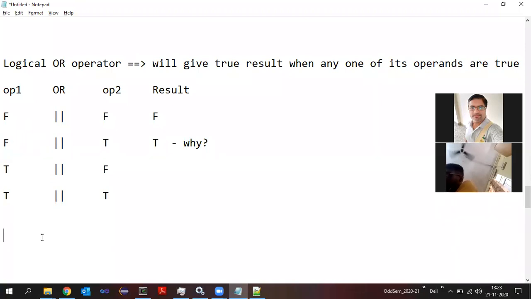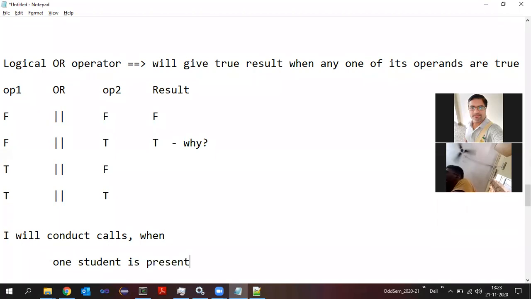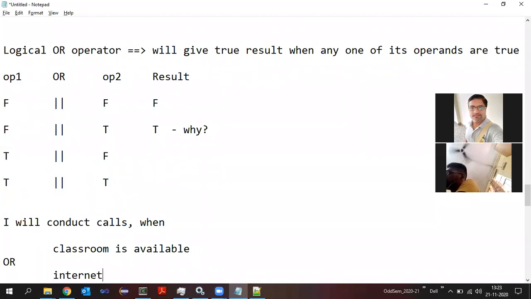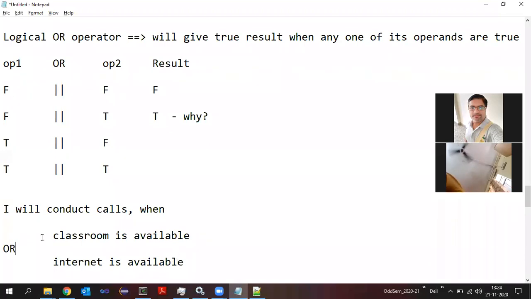To give an example, let me take one example here.